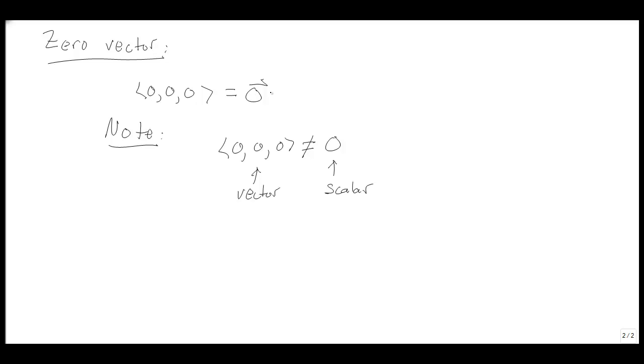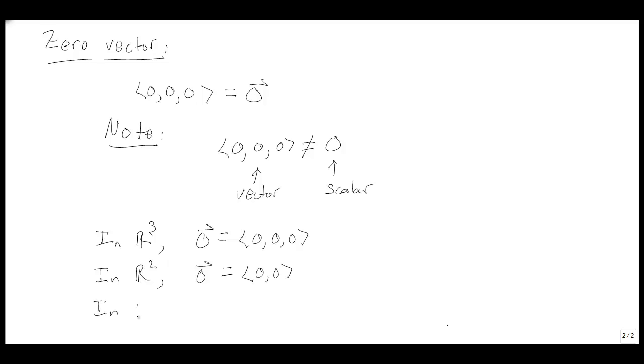Something else that's important to know here is when I just write the 0 vector like this, we really need to know what sort of dimension or what kind of space we're working in. So if we're in R3 here, then the 0 vector really is (0, 0, 0). But if we're in, say, R2, then the 0 vector is just (0, 0).